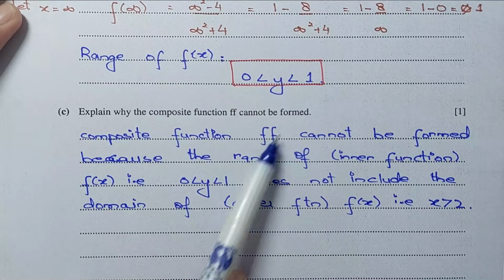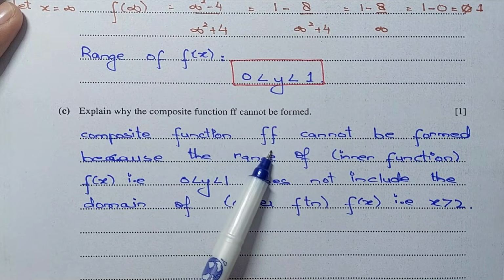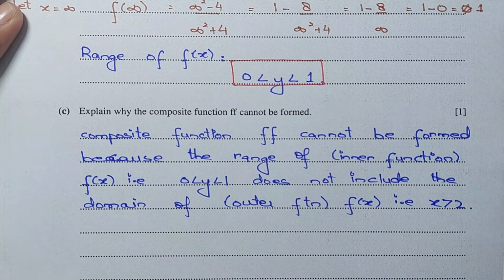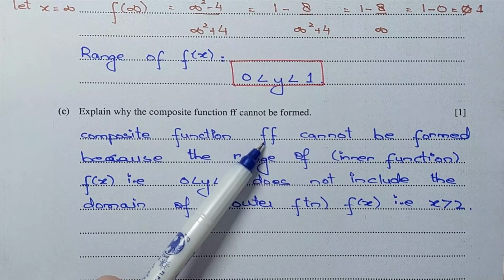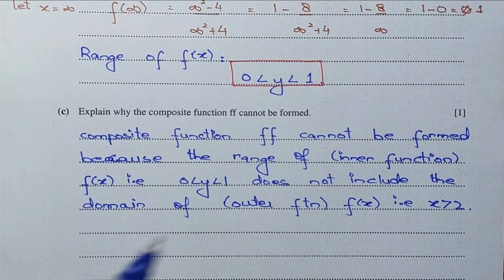You can see its range is between 0 and 1 and its domain is the numbers which are more than 2. So nothing contains, the range does not contain the domain of f. So that is why the composition is not possible. When the range of this function contains the domain of this function, then we can say the composition is possible, otherwise it is not possible. So that is the reason.